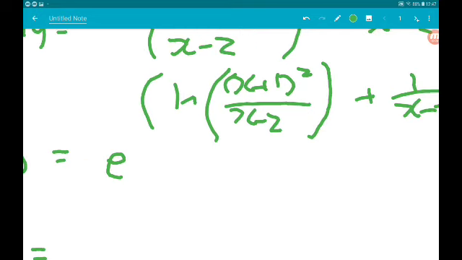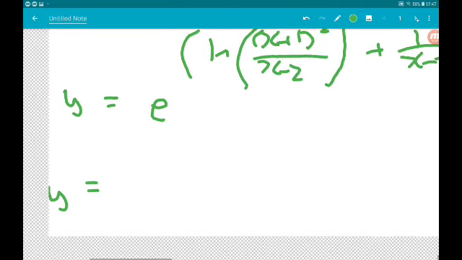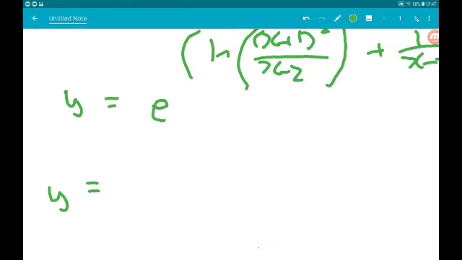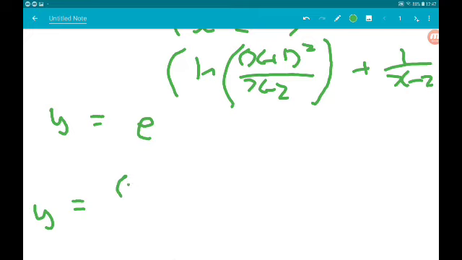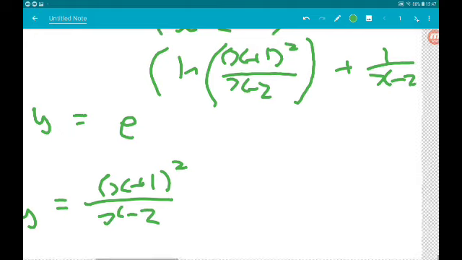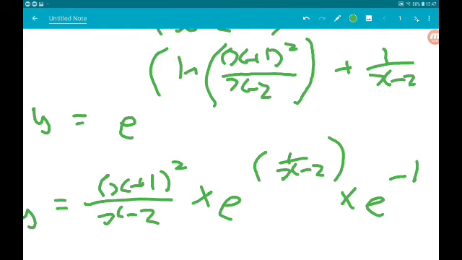Now by the rules of indices we can split that up and say that y is e to the log of (x plus 1) squared over (x minus 2), which is just (x plus 1) squared over x minus 2, and then we've got times e to the 1 over x minus 2 times e to the minus 1.